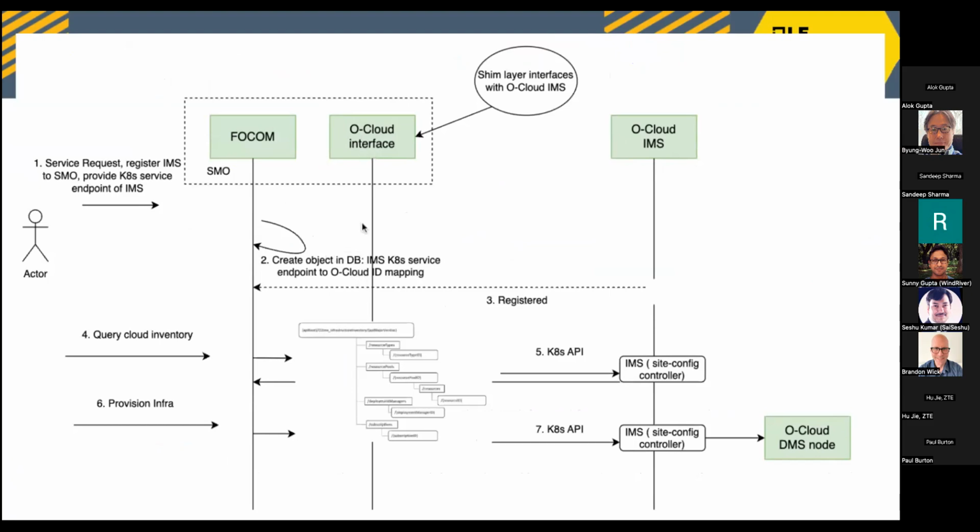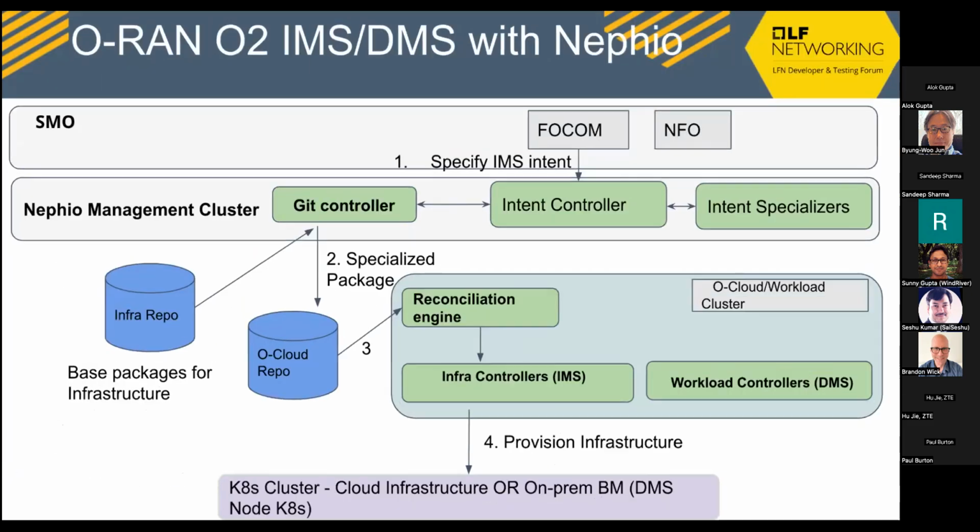This OCloud interface will expose the standardized IMS APIs, but southbound it will just create Nephio high-level intent CRs. That way, this gets plugged in. So it's more of an adapter, or a shim layer, as you called it. It could be required, yeah.